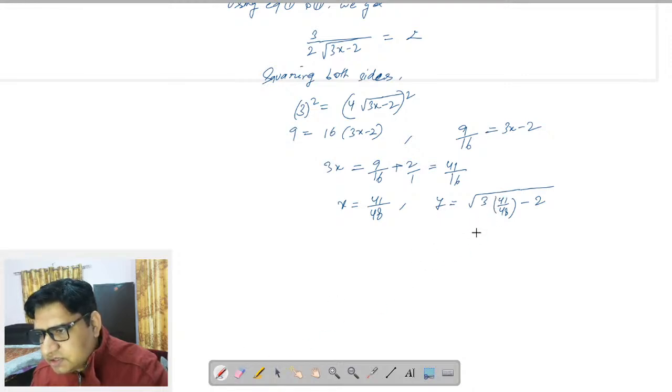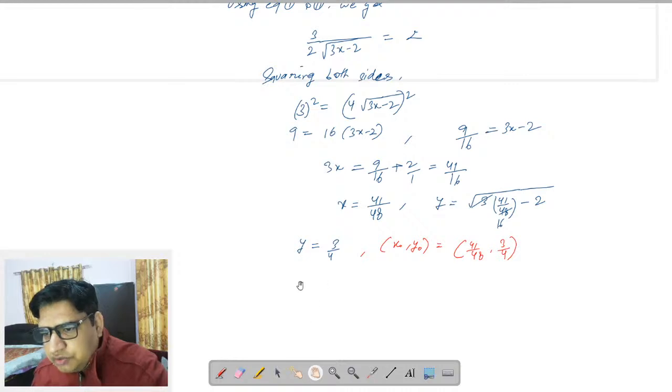That gives us y is equal to under root, this will get cancelled out, 16 minus 16 is 32, 41 minus 32 is 9, so 9 upon 16, and that will be 3 by 4. So y is equal to 3 by 4. Okay, and here we get the point x naught is equal to 41 by 48, y naught is equal to 3 by 4. What we need to do is find the equation of the tangent line.